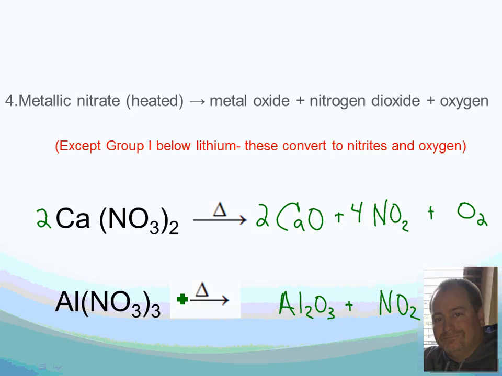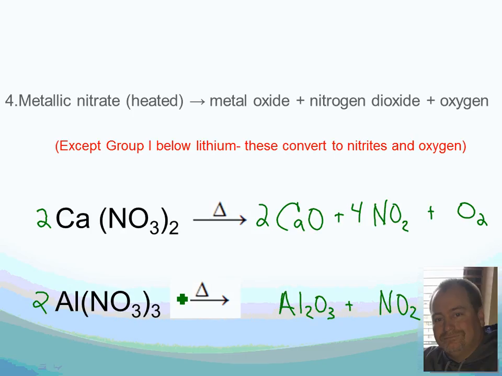Now, I got to balance this guy. Where would you start? I'd start right here because I know I need 2 aluminum. Okay? I need 2 aluminum. How many nitrogens do I need? 3, 6.